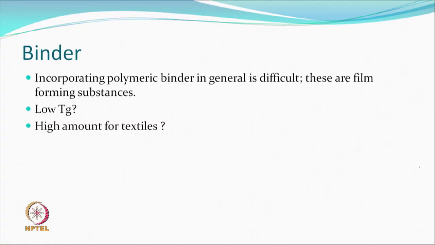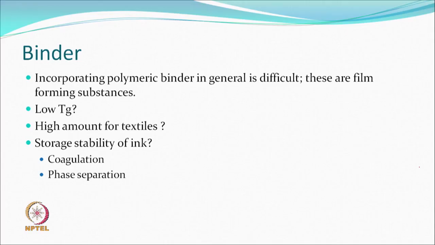For textile, it is required more because the printed textiles will have to be washed many times over. If it was just a pigment printing on a surface which is not to be washed, like a paper or a wall, or a panel, then life will be very different.